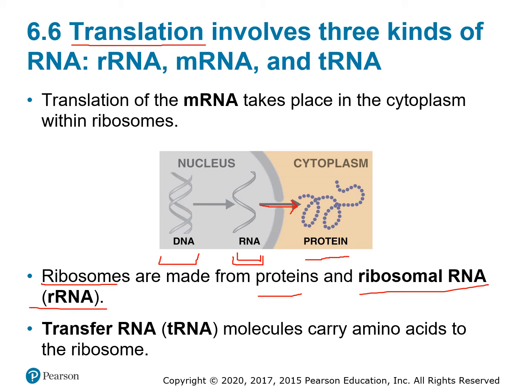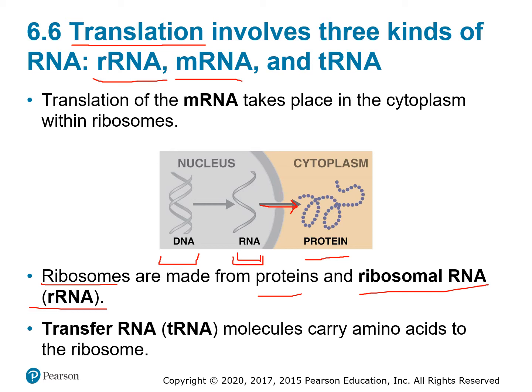For this process of translation, we're actually going to talk about 3 different types of RNA. rRNA, which is ribosomal RNA, makes up the ribosome along with proteins. mRNA, which we already talked about, is what is transcribed in the nucleus and then leaves the nucleus and goes into the cytoplasm.